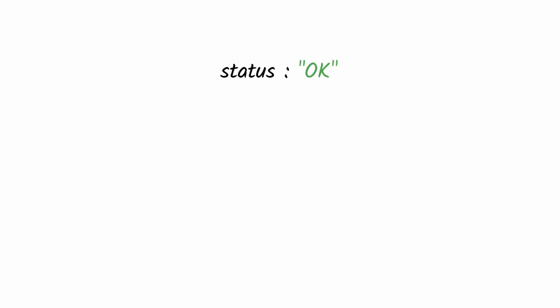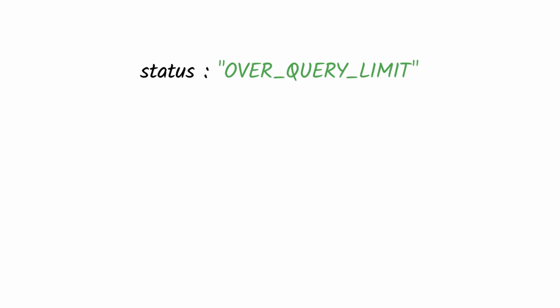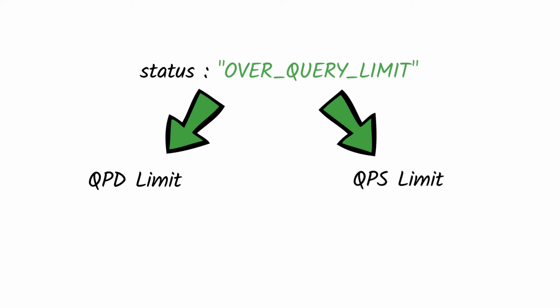The developer documentation has specifics on the limitations for each web service. Remember how we talked about web service response codes before? Right. We wanted that OK response. If you ever see the over query limit response code, it means you've hit one of these QPD or QPS limits. Now, try logging into the Google Developers Console and viewing your project's usage so far.